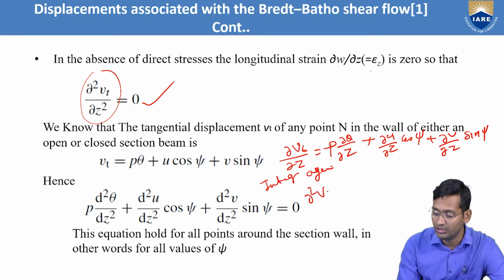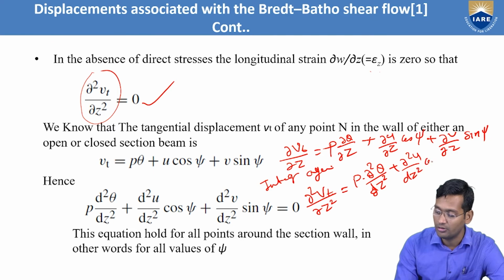Del 2 Vt by del Z square equals P into d2 theta by dz square plus d2u by dz square cos psi plus d2v by dz square sin psi.